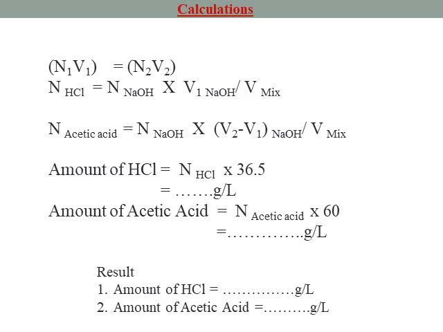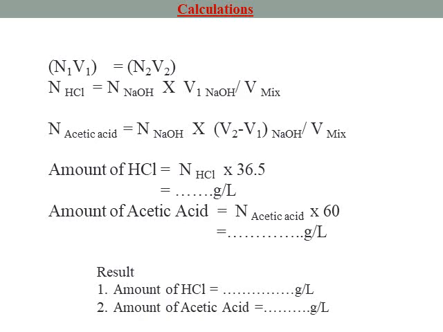Once you know the normality of HCl and of acetic acid, the amounts are easily calculated. The amount of HCl is the normality of HCl multiplied by 36.5, the molecular weight of HCl, since H is 1 and chlorine is 35.5. This gives so many grams per liter.